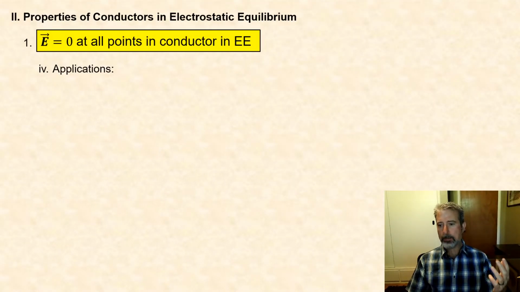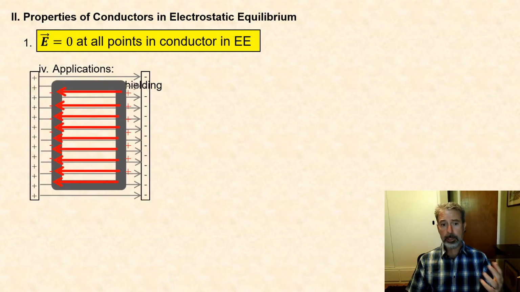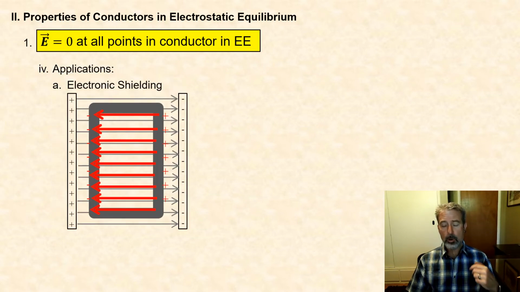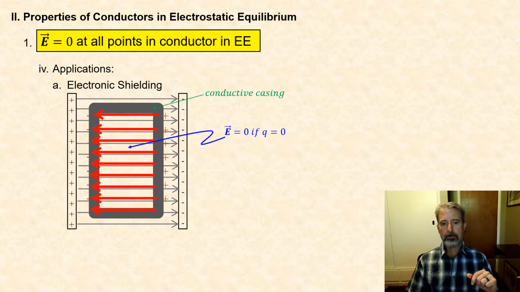So a very important application, as we introduced in the previous slide, is what we call electronic shielding. And putting the same picture up we saw before, we see that when you have a conductive casing, basically a metal box with a hollow interior cavity, so long as there are no charges within that cavity, we can say that the electric field will be zero within that cavity.